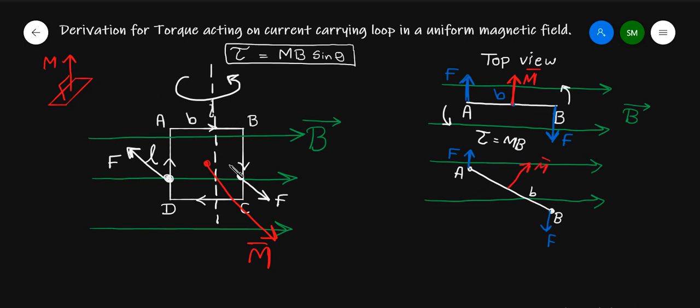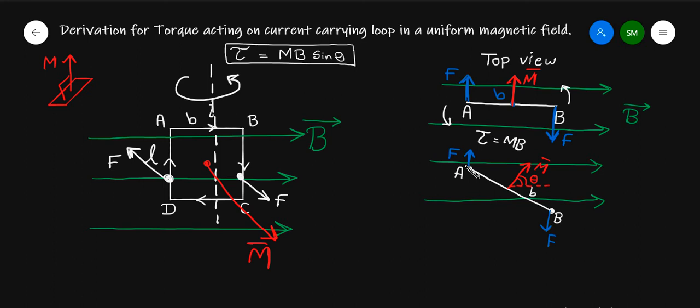Now suppose the angle between m vector and b vector is theta. See here, this theta is the angle between the m vector and the b vector. Now because of the torque mb, the coil rotates and comes into this position.